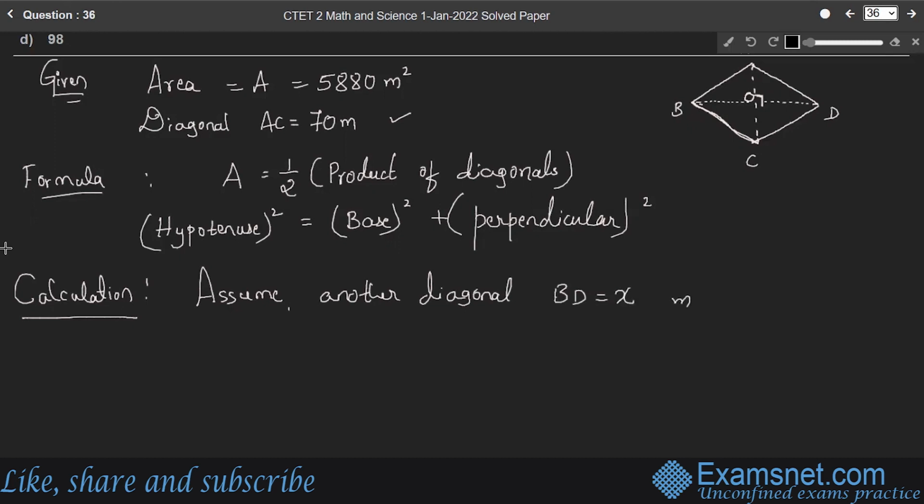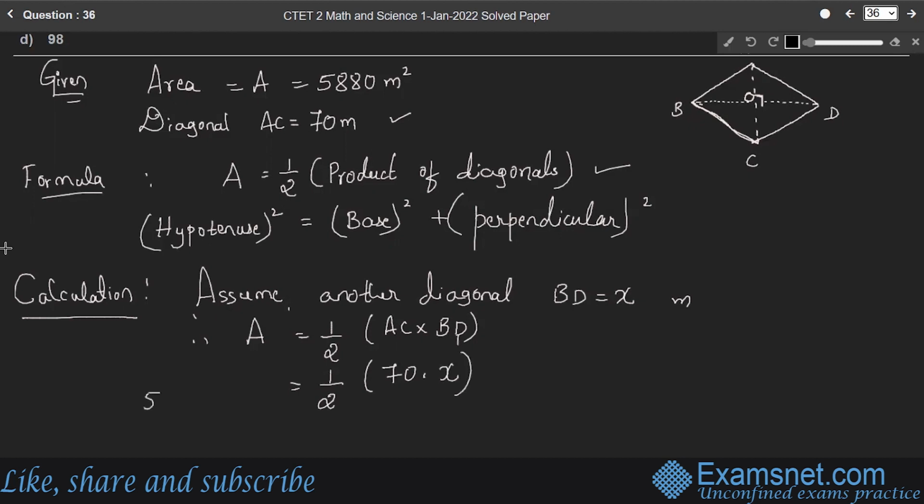Okay. So substitute the value of the diagonals in the formula for the area of a rhombus. A is equal to half into the product of diagonals, that is AC into BD, right? Half into AC is 70 meters, BD is X, 70 into X.